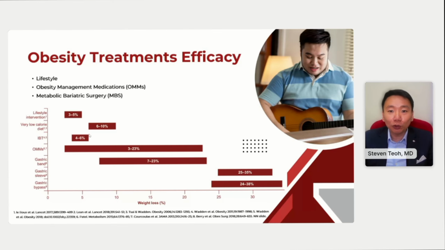Each of them produces different degrees of weight loss. 5 to 10% of mean weight loss through lifestyle intervention, 5 to 25% through OMM prescription, and about 20 to 40% through MBS procedure. As you can see here, all the outcomes are still in weight loss percentage.